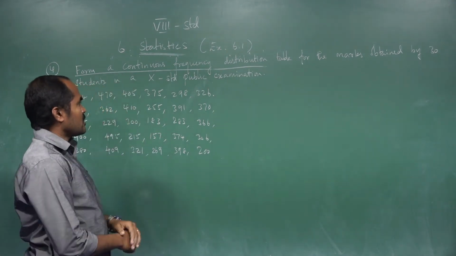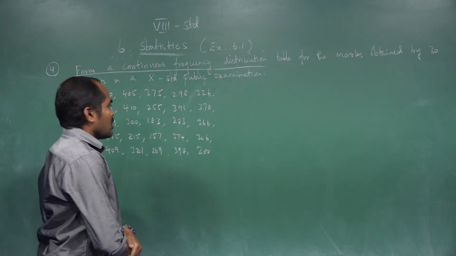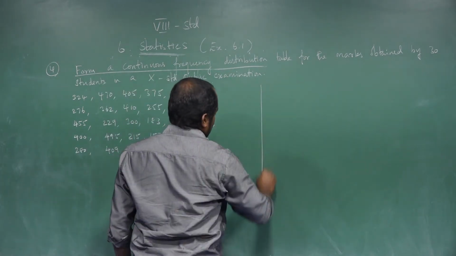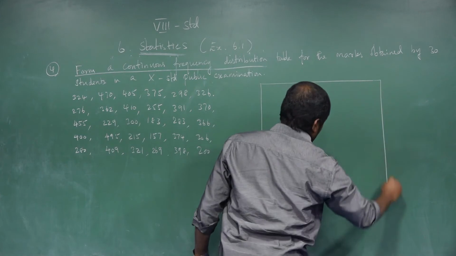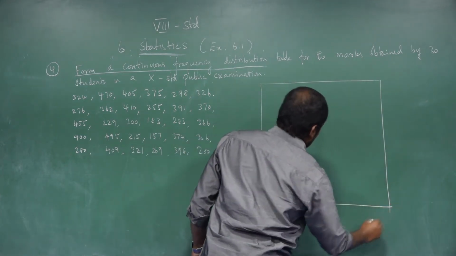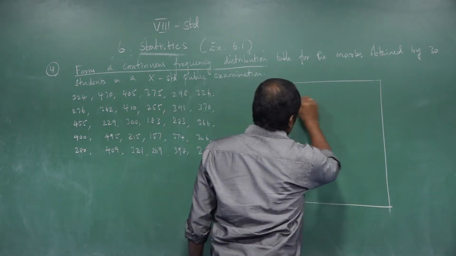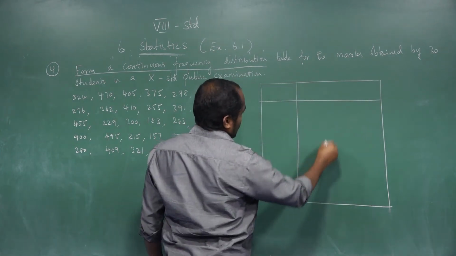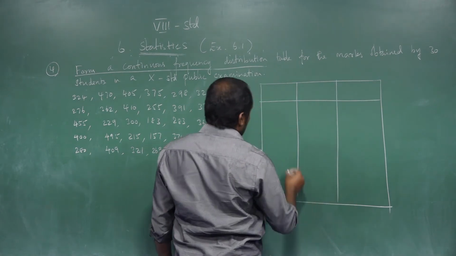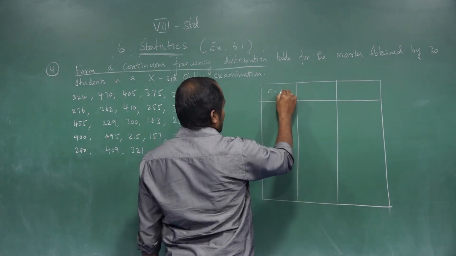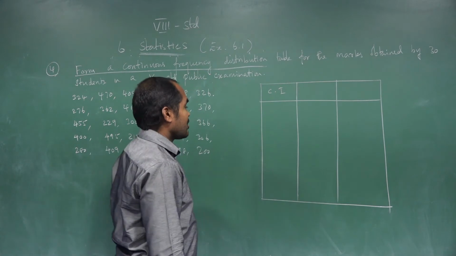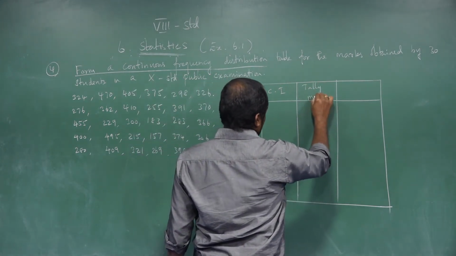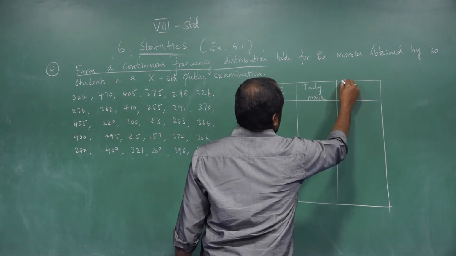Continuous frequency distribution means you want to choose class intervals, right? So here CI denotes class interval, and tally mark, and here frequency.